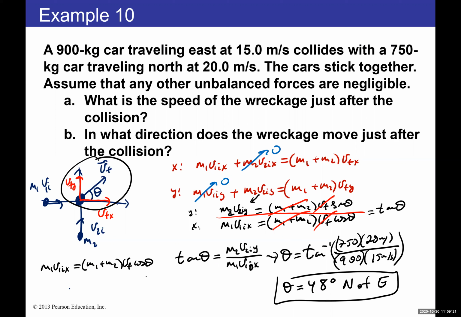Now that I have theta, v final equals m1 v1 initial divided by m1 plus m2 times cosine of theta. I have m1, m2, and cosine of theta, so I can directly solve for v final, and this will give me 12.23 meters per second. And that's going to be my final answer.